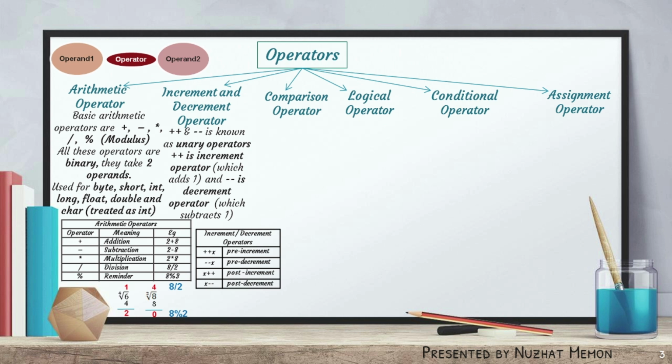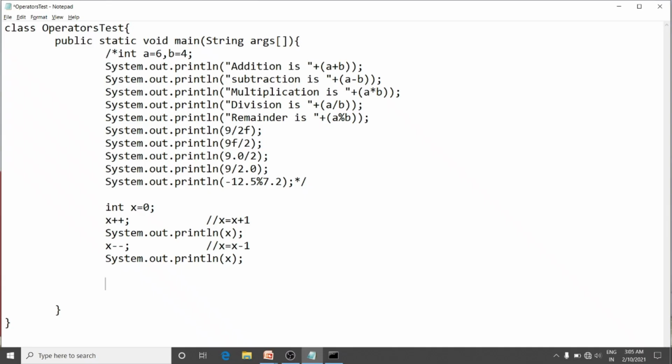Here we will do this practically to know the difference between postfix and prefix operators. Here I take variable y equal to x plus plus. As you know, plus plus is an increment operator and it is after the variable name. So that is the post-increment operator.